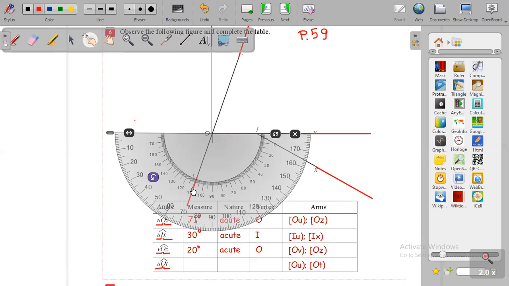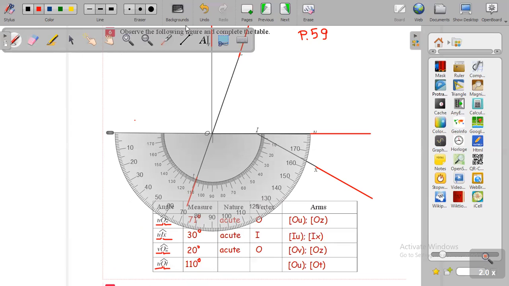It is on 110. It is at 110. So the measure of this angle is 110 degrees. Don't forget the unit. It is degrees, small round.